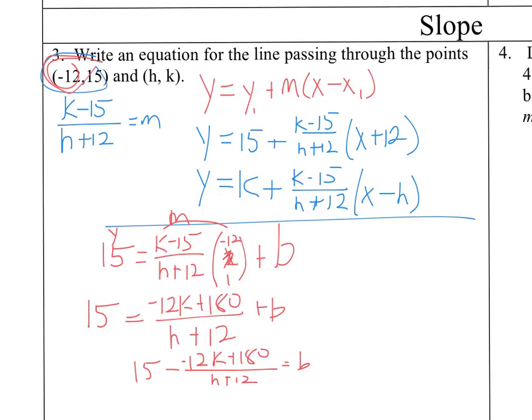Plugging that in into y equals mx plus b, you get a really ugly equation. k minus 15 over h plus 12, x plus 15 minus negative 12k plus 180 over h plus 12. There's a reason we tend to like point slope better dealing with things like this, because that's gross. It works, but it's gross.